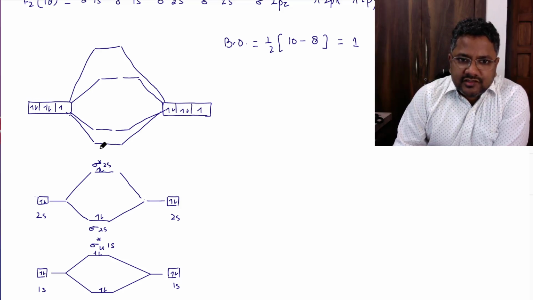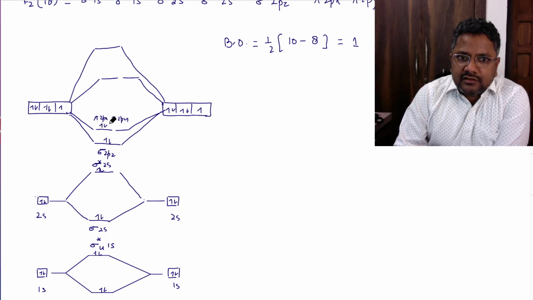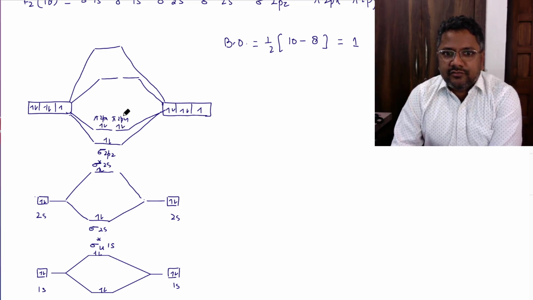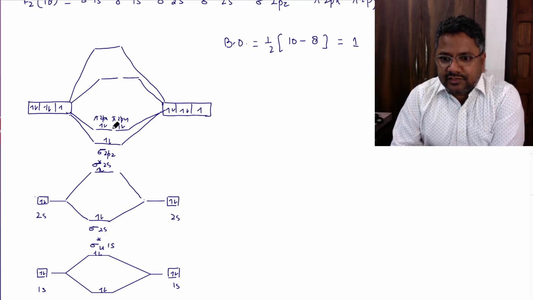Here this is sigma 2pz, lowest energy, so put 2 electrons. This is pi 2px, pi 2py, so 2 electrons, 2 electrons, so here 4 electrons are distributed.